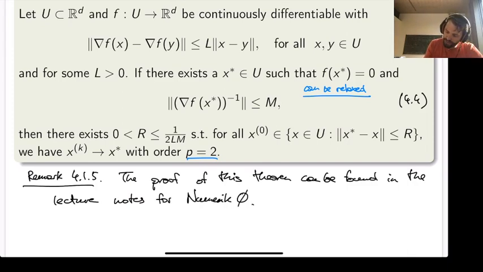We're assuming the existence of the root in this version.